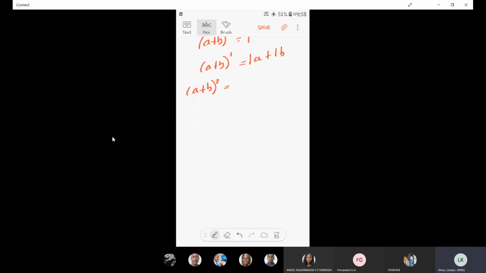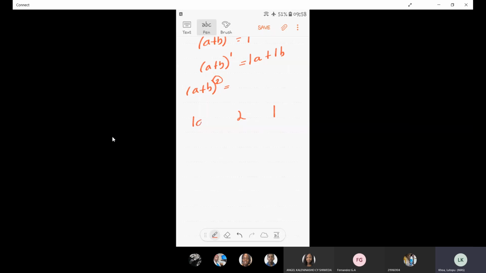Okay, so my coefficients are 1, 2, and 1. Now what happens is the powers of a, the first term, are decreasing. They start here at 2, and then they keep decreasing by 1. And then the powers of b are increasing. They start from 0, go all the way up until 2.